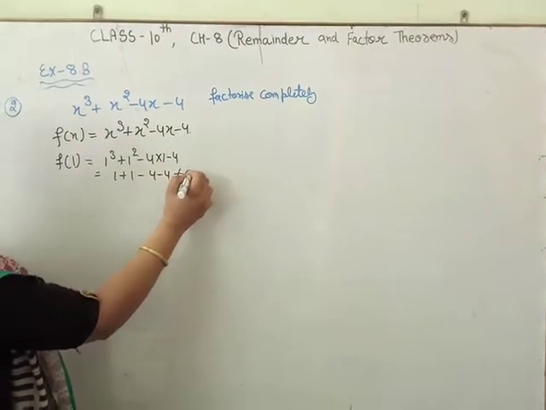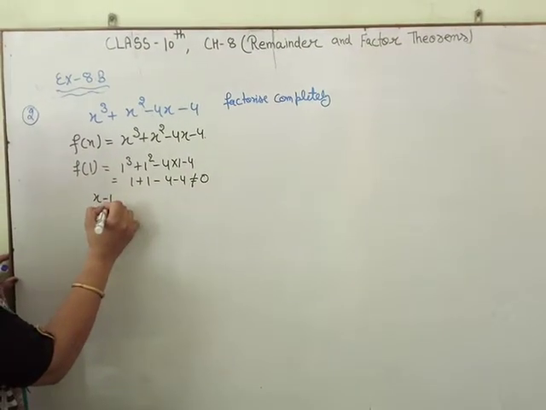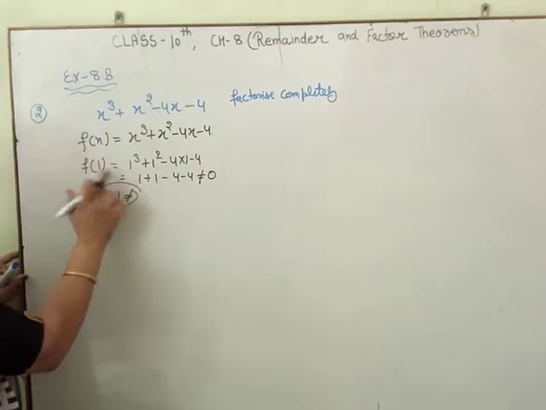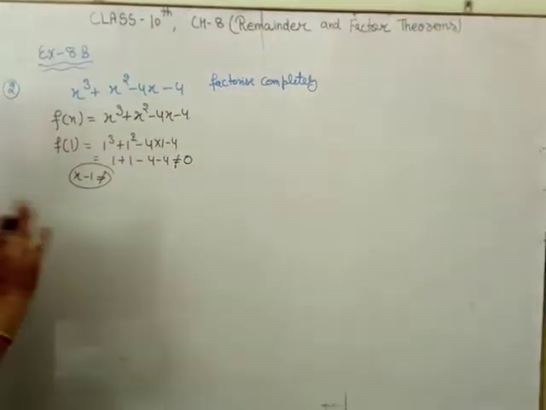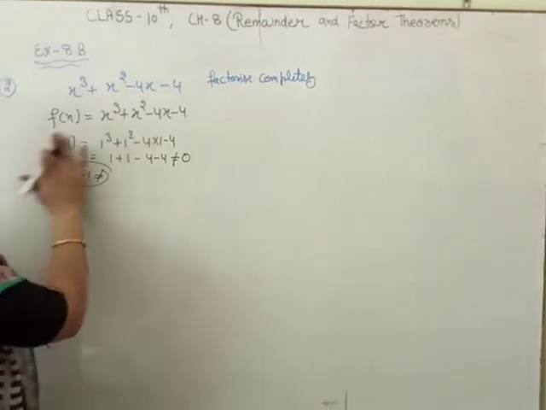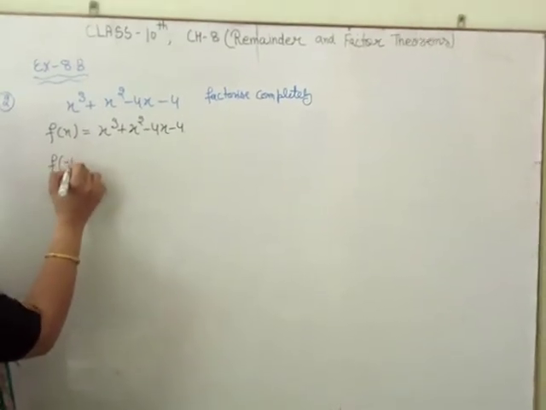This is not equal to 0. If this is not equal to 0, then x minus 1 is not a factor of this expression because x equal to 1 is not a root. Okay, then x minus 1 is not a factor of this expression. Again we take f of minus 1.